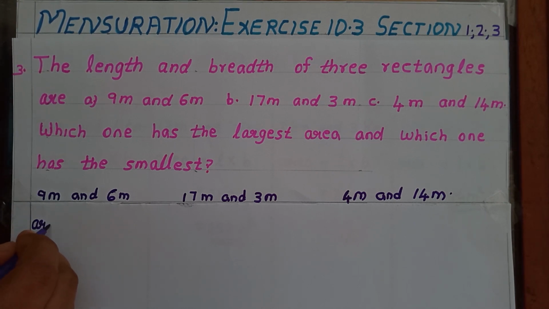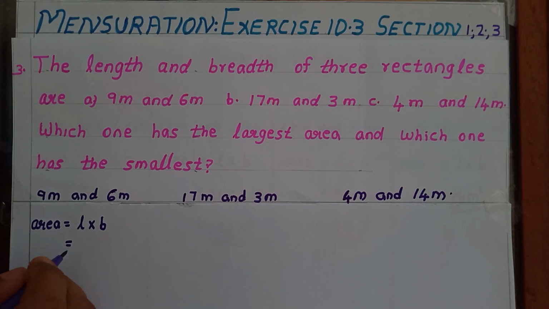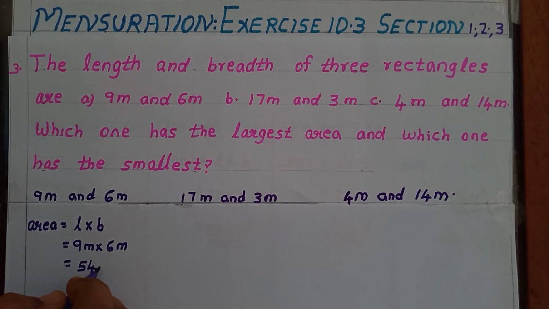So for the first one, area equal to, again write down the formula. Without writing the formula, don't try to do the problems. Length into breadth equal to 9 meter into 6 meter equal to 54, and unit is meter square.